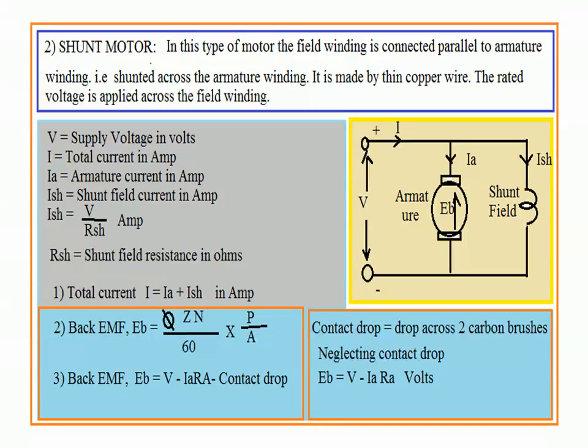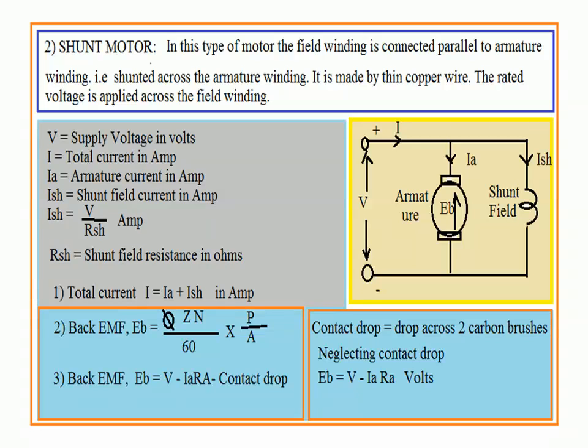Number 2, shunt motor. In this type of motor, the field winding is connected parallel to the armature, or it is shunted across the armature. It is made of thin copper wire. This winding is applied with the rated voltage of the motor.